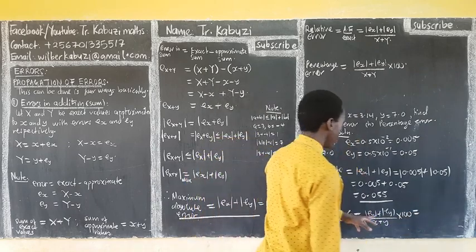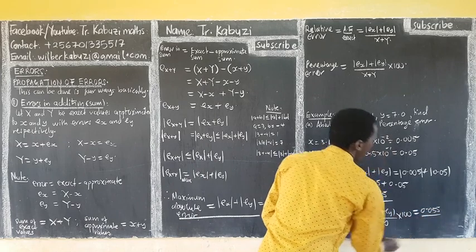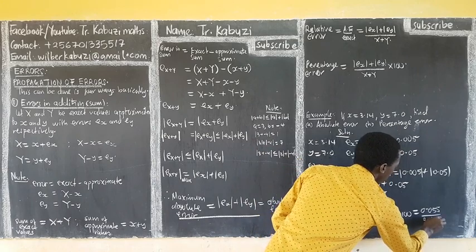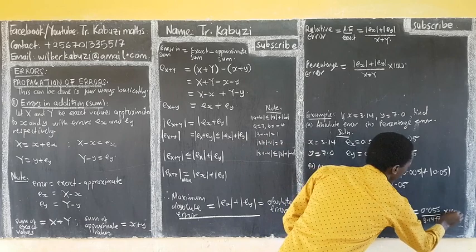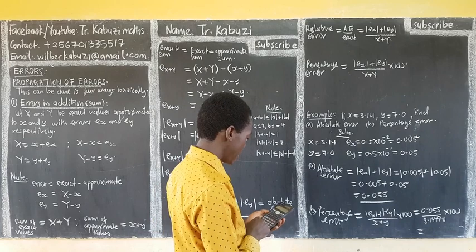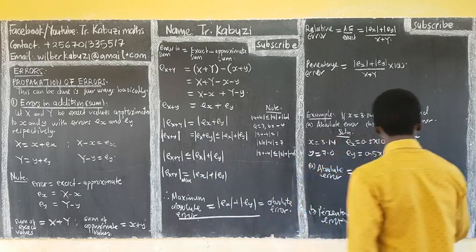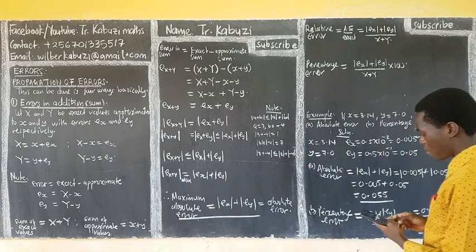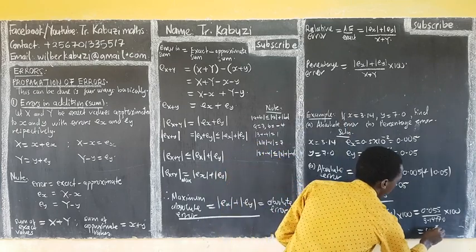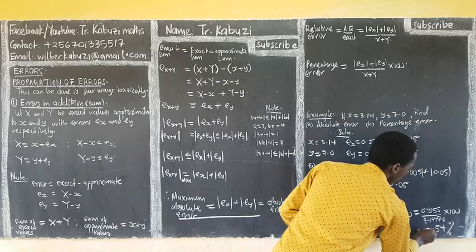The whole of this is 0.055 divided by 3.14 plus 7.0, times 100. And you add the 7 here, you get 10.14 times 100. The answer you are getting there will be 0.54%, and that would be your answer.